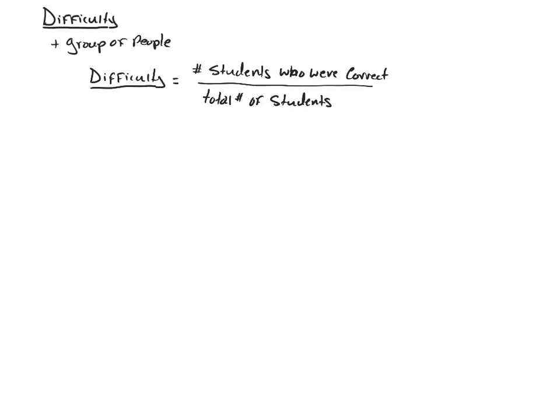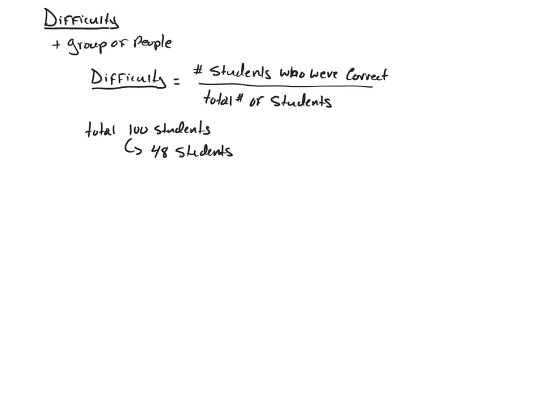So for example, let's say that I have 100 students that have taken a test. So that's my total, 100 students. Out of those 100 students, 48 students correctly answered that question.